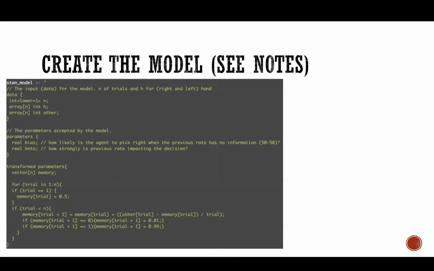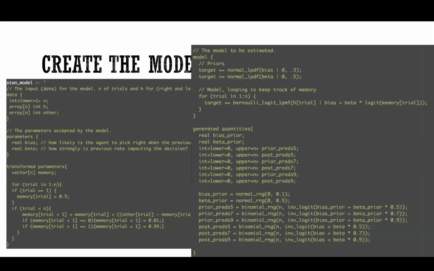We do transform parameters, so it keeps memory of what the other is doing on a trial by trial basis. We have the model where we have 2 priors, 1 for bias, 1 for beta. I'm putting some values there based on experience.